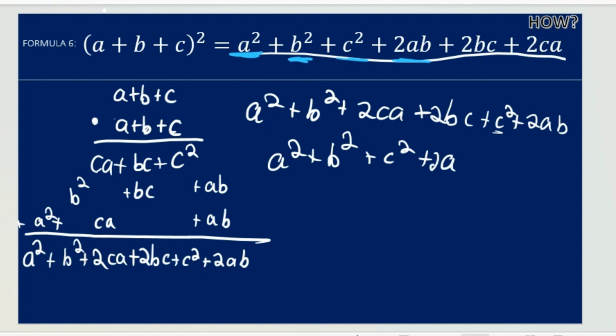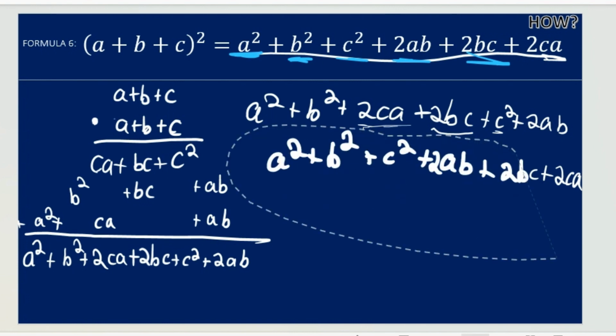Then it's going to be 2bc, so we write 2bc plus. Next is going to be 2ca. And 2ca is the third term, so we're going to bring it to the last term.